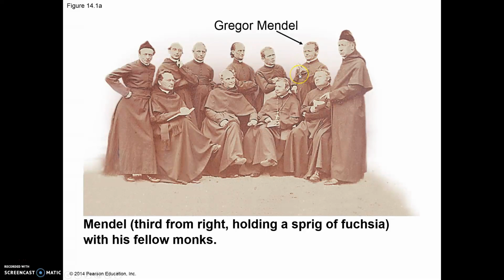So if you wanted an education at that point in time and didn't have money, the church was a good way of going. So here he is along with his fellow monks, and you can see he is staring at a sprig of fuchsia. So even in this picture, he's demonstrating what he did.